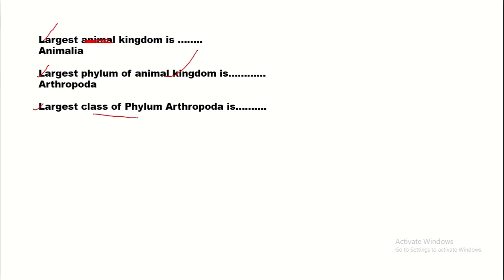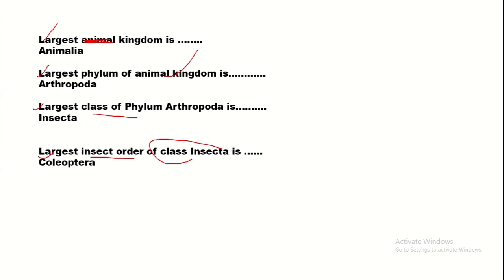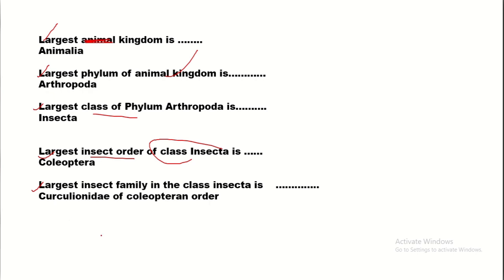Largest class of phylum Arthropoda is Insecta. Largest insect order of class Insecta is Coleoptera. Largest insect family is Curculionidae of the Coleopteran order.